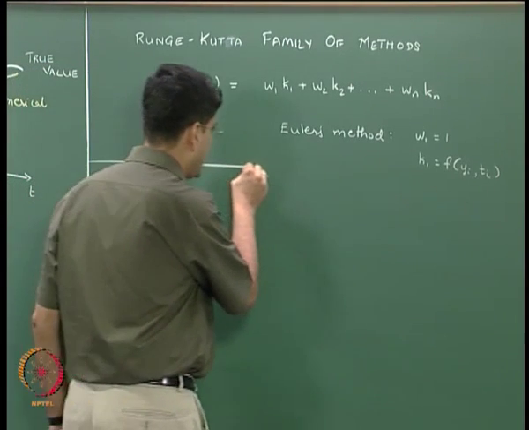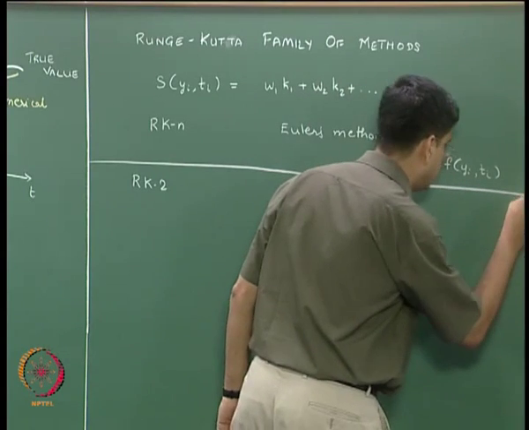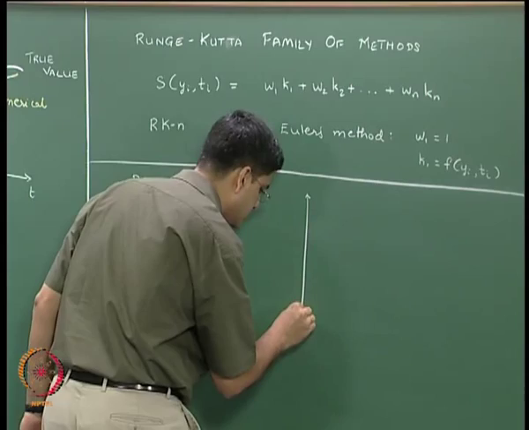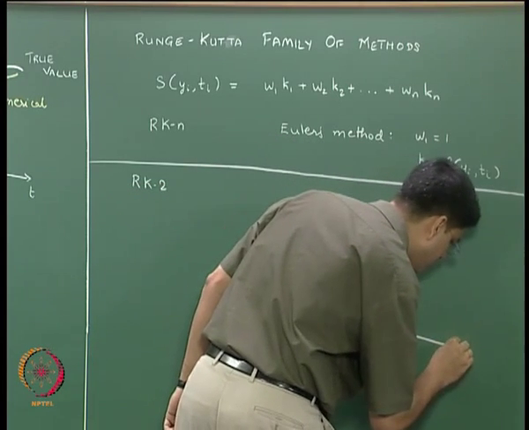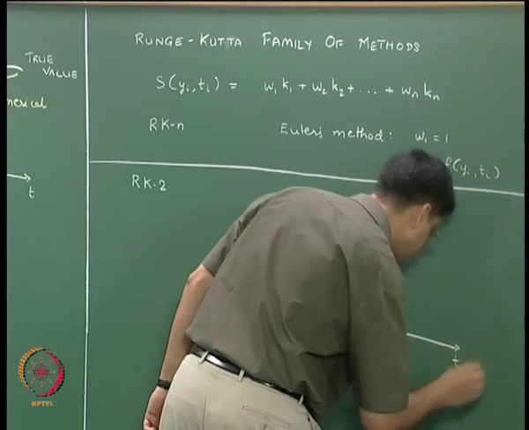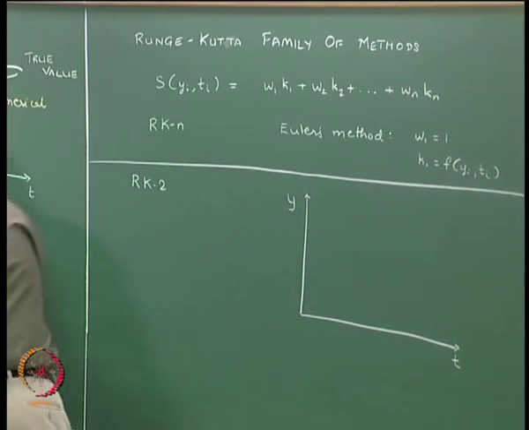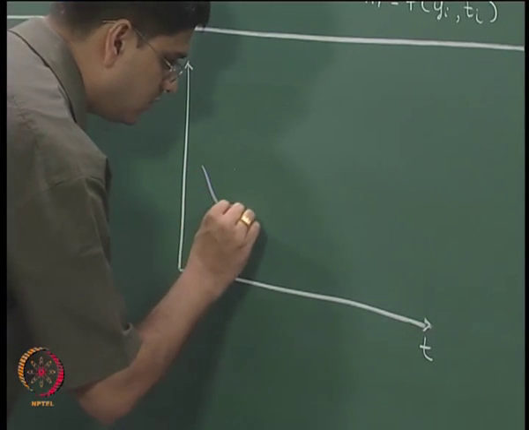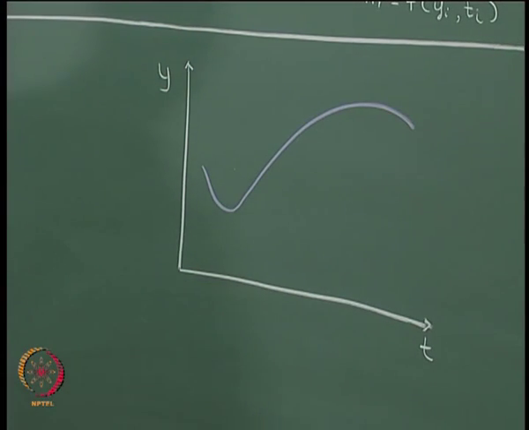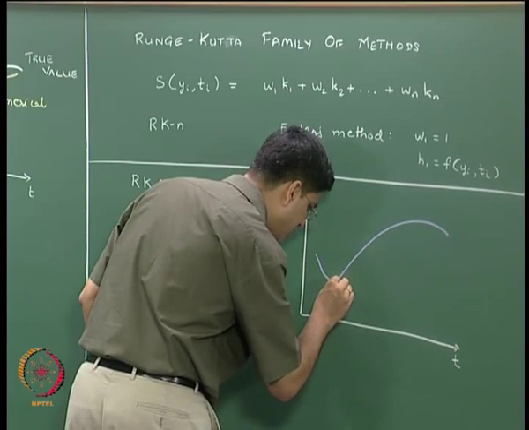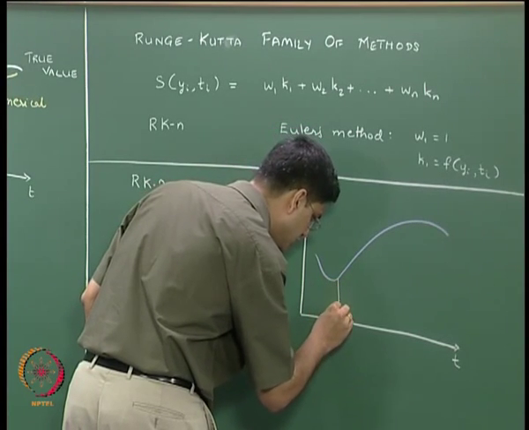Okay. So now, the idea behind the RK2 method, let us look at the geometric interpretation of what the RK2 method is. Again we will draw the true curve, y against t. This time I will just use a purple chalk to draw the true curve. Let us say the curve looks something like this, and let us say the current value is at this particular location.